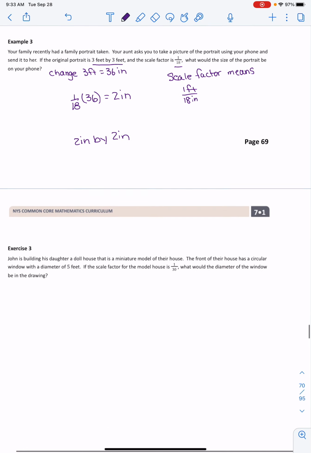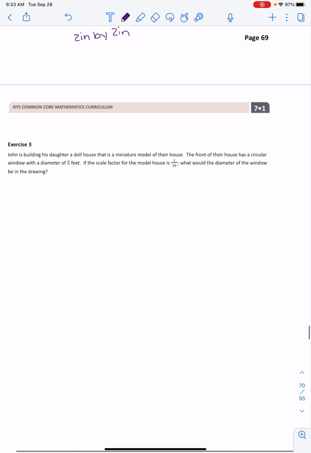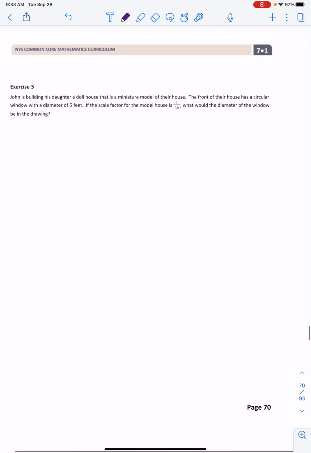Our next question, and our final question, is John is building his daughter a dollhouse that is a miniature model of their house. The front of their house is a circular window with a diameter of 5 feet.